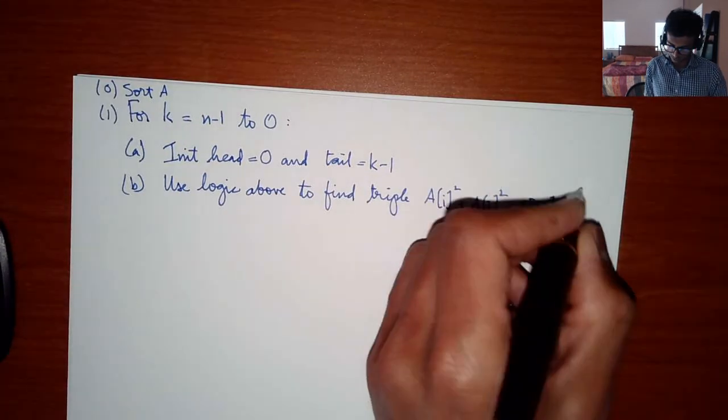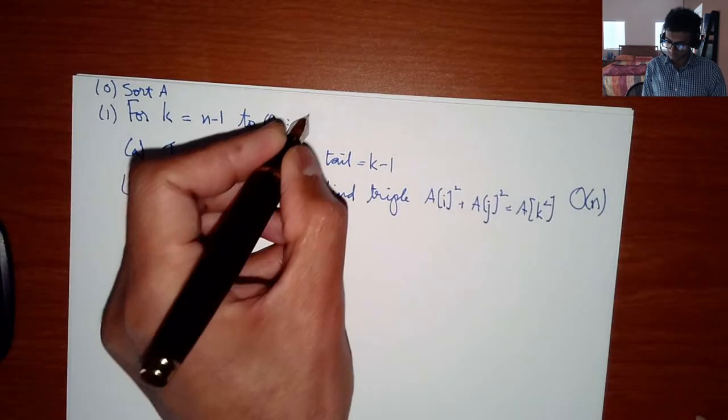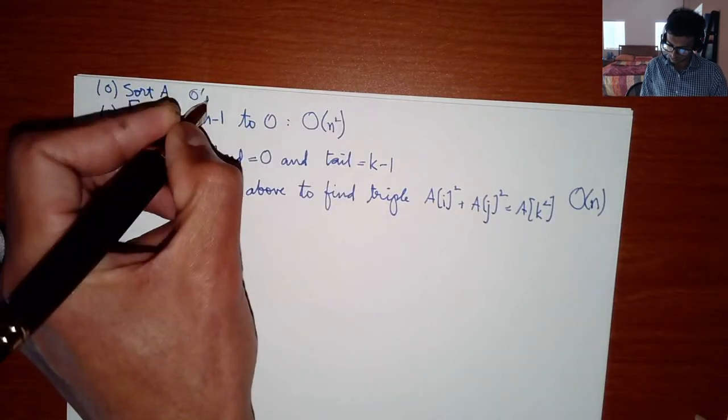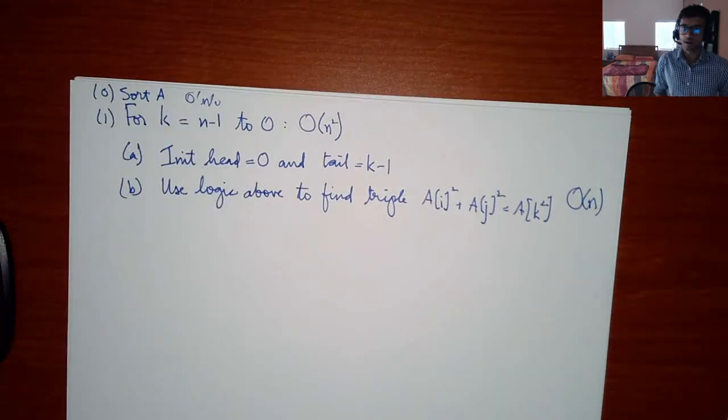And so this part is O of n. This gives you O of n squared, and this is of course O of n log n. And so therefore it gets back to an O of n squared solution.